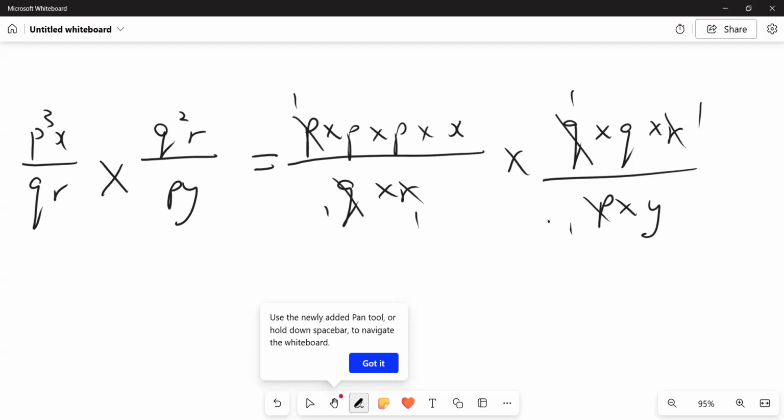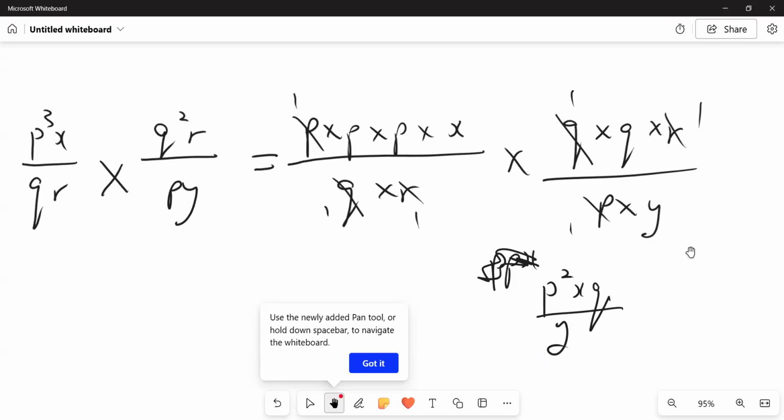So we've got p by p, you get p squared x times q, so you get p squared x q over y. And if you want to put q before x, that's not a problem. So that's how you do multiplication and division.